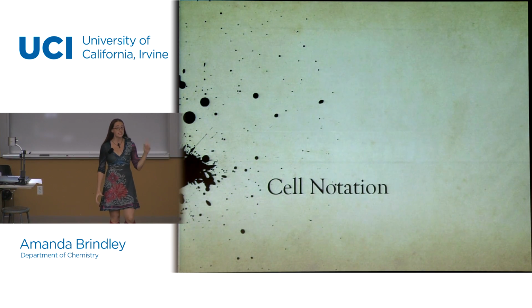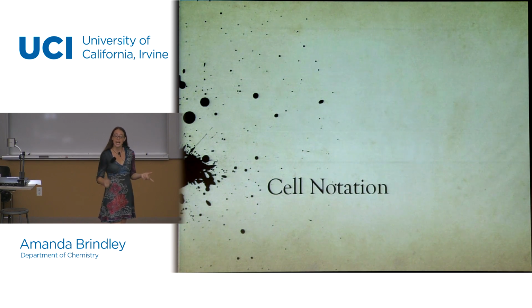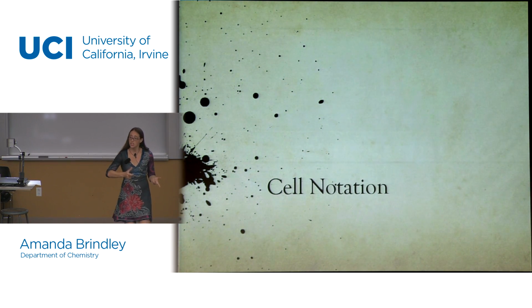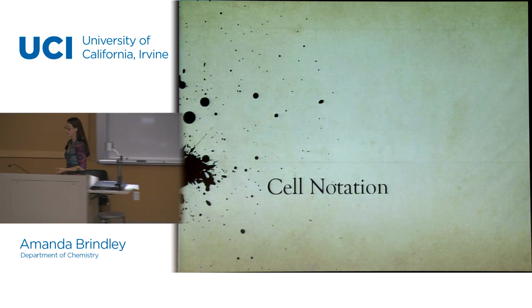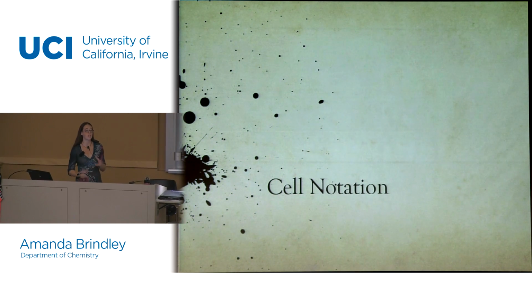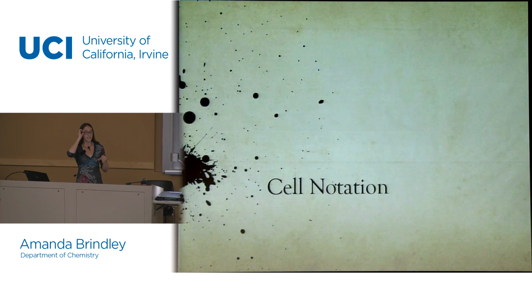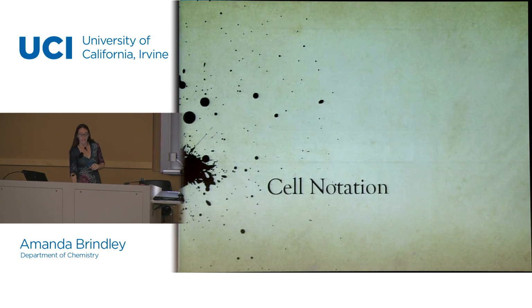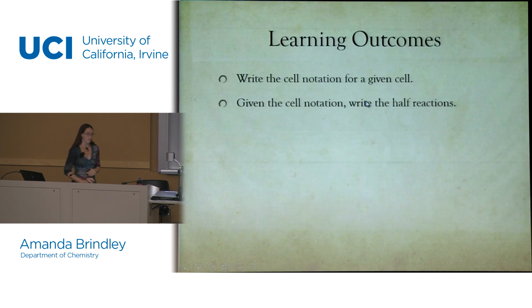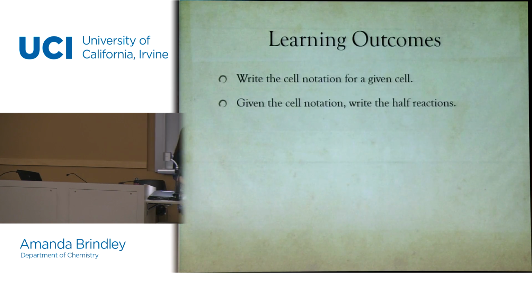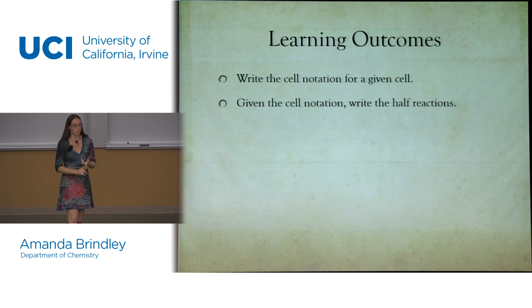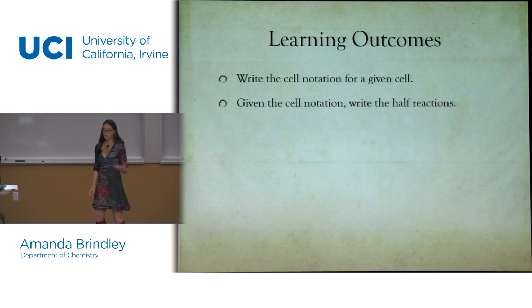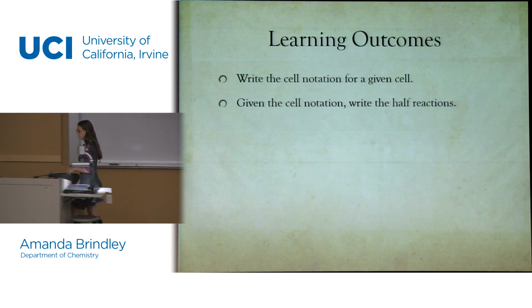And it's actually really easy to understand. Once you get the hang of it, it's almost like a mini picture of what's happening in the cell, just in one nice little text line. So the idea with cell notation is to break down these reactions and just snapshot them in a way that's quick and easy to understand, just by looking at it real quick. So we'll talk about what cell notation is and then do some examples of them.